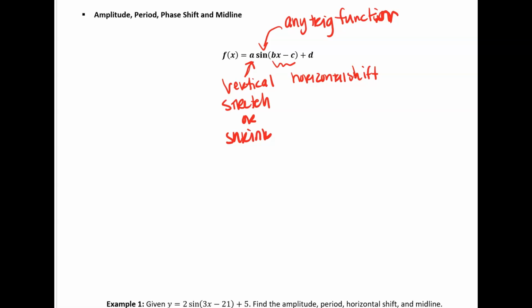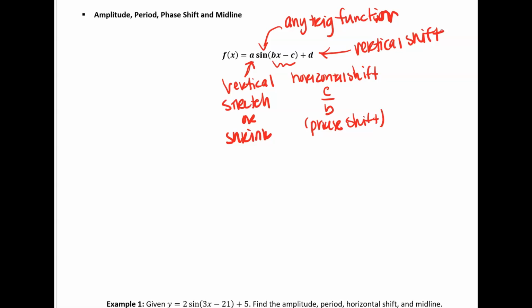Your horizontal shift for your trig function is actually going to be c over b, and they call this a phase shift, but still that horizontal shift like your transformations. And then just like in your functions, when you added a number on the outside, that causes a vertical shift. And so that's the same thing that we're going to be doing here.